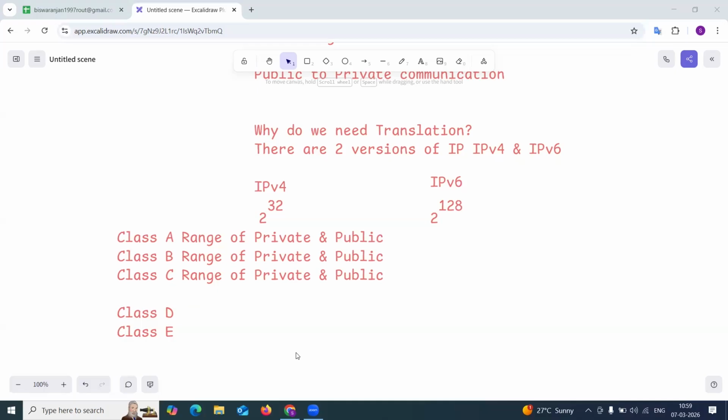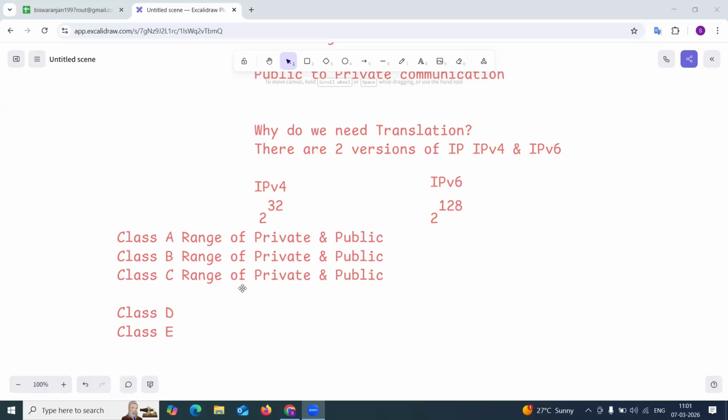Most of the time when you are asked why we need translation, what we have to understand here is the conclusion. Don't start your answer with we translate a private IP to a public IP or a public IP to a private IP. Don't start the conversation with this.